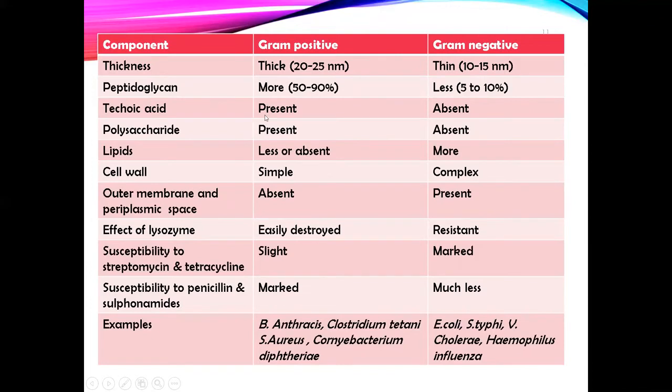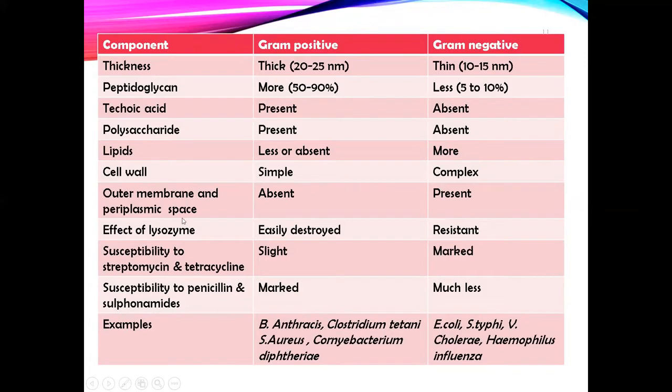Teichoic acid is present in gram-positive and absent in gram-negative. Polysaccharide is present in gram-negative and absent in gram-positive. Lipids are less or absent in gram-positive, and more in gram-negative. The cell wall is simple in gram-positive and complex in gram-negative.